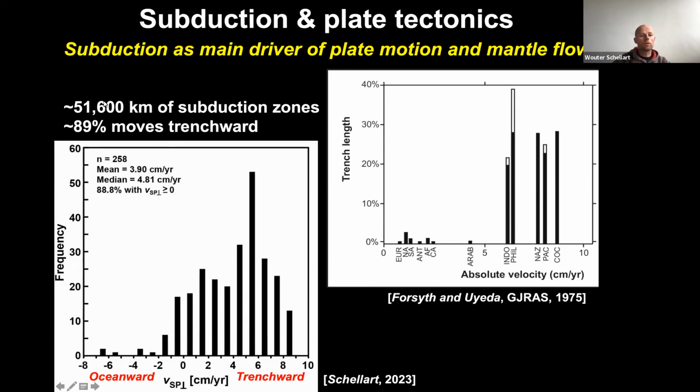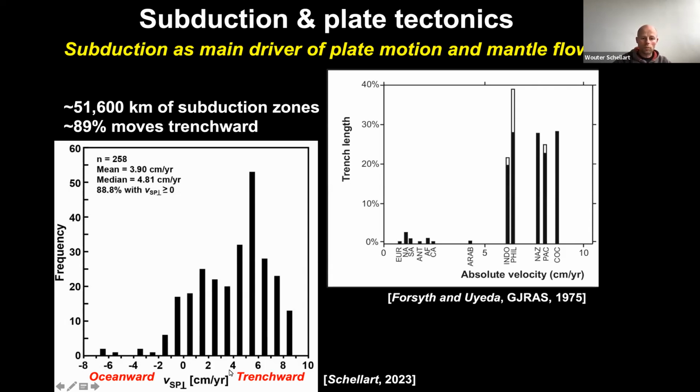So there's about 52,000 kilometers of active subduction zone on Earth. And what has been plotted here is basically the velocity along this 52,000 kilometers of subduction zone by looking at individual 200 kilometer trench segments, and basically calculating the velocity and plotting it in this simple frequency plot.